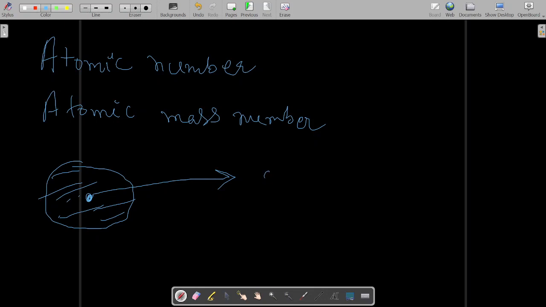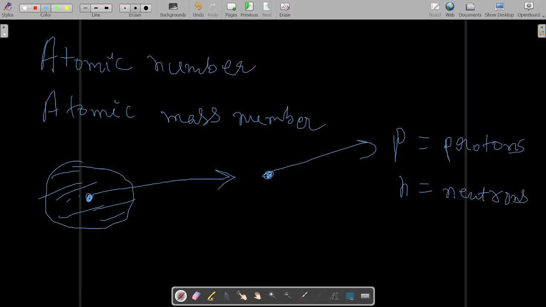When I break this nucleus into its constituents, you must have learnt in the lower classes that it comprises protons and neutrons. In the nucleus only these two things are there, nothing else, only protons and neutrons.